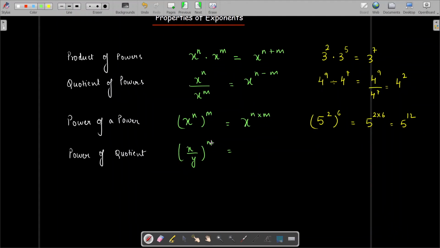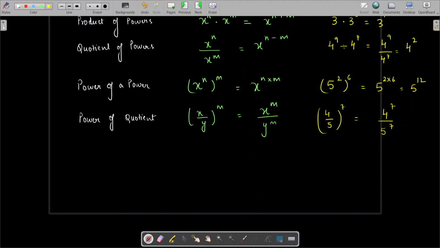So this exponent gets distributed to both numerator and denominator. So you get x raised to m over y raised to m. So for example, if you have 4 over 5 raised to 7, you can write it like this: 4 raised to 7 over 5 raised to 7.